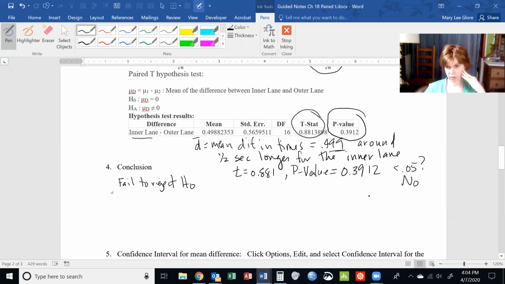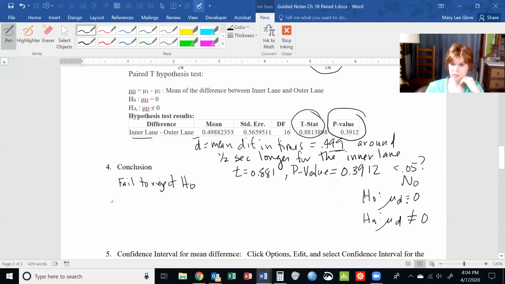Let's recall what those hypotheses were. H0: mu d equals 0, HA: mu d does not equal 0, and we said, is there an advantage to either lane? So that's a two-sided alternative. We fail to reject H0. That means I can't reject it, so this could be true. It could be that there's no advantage.